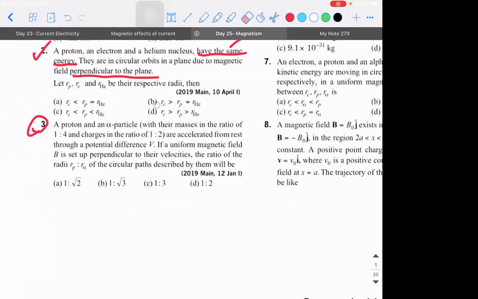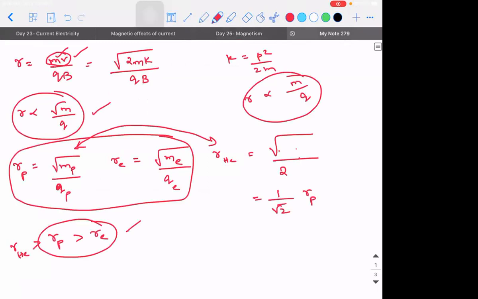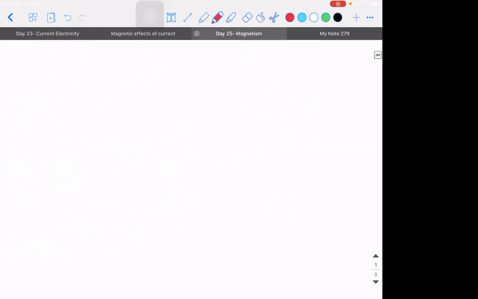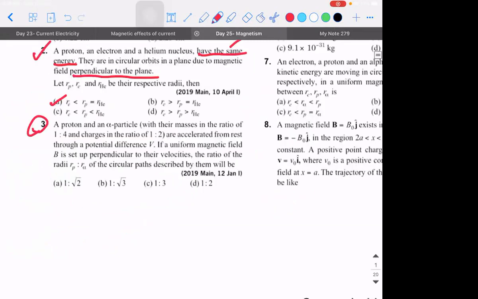I made a mistake. So then the option should be this way. The radius of proton can be equal to the radius of helium, but it should be greater than Re. I made a mistake, correct? Here I took 2 in the numerator. It is not 2, it is 4. Okay, then the option should be A.